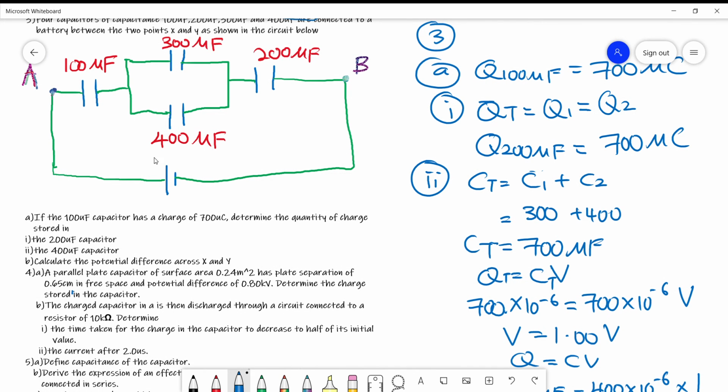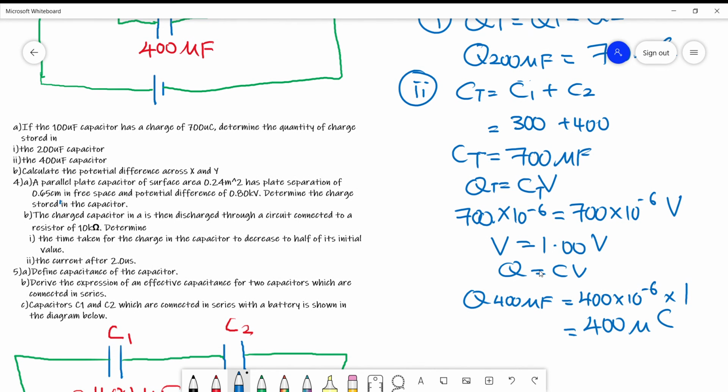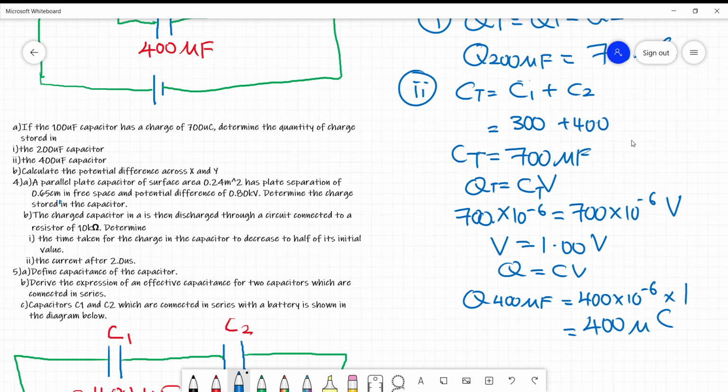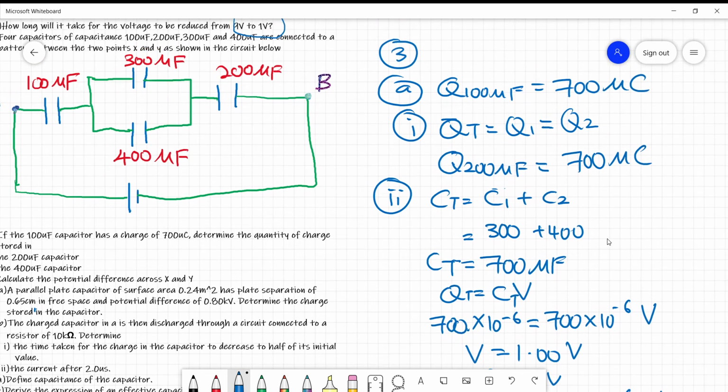The question asks about the 400 microfarad capacitor, so we use Q equals CV: the capacitance of 400 microfarad multiplied by 1 volt. Finally, the charge on the 400 microfarad capacitor is 400 microcoulomb. This is the way we calculate.